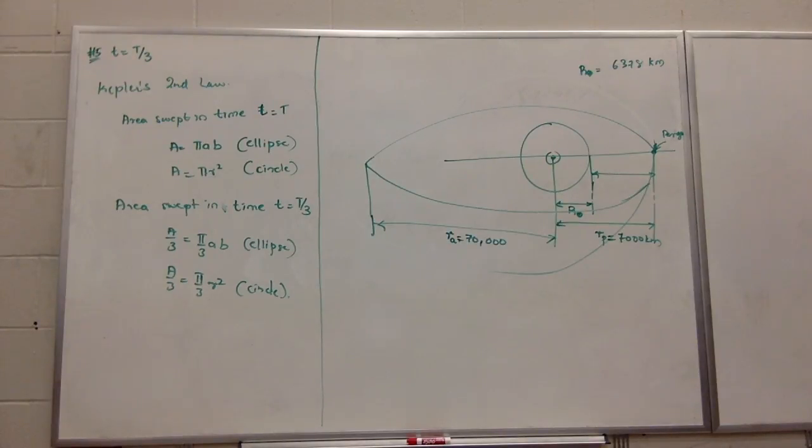Draw a bigger circle, otherwise we won't be able to label those. There are a lot of things you need to label on that. First draw a circle or circular orbit.